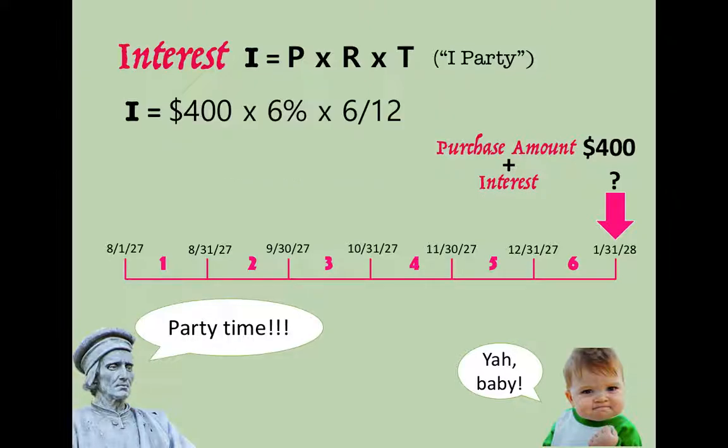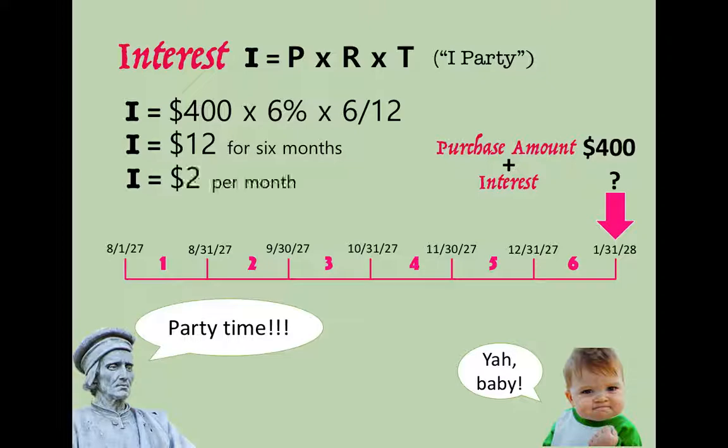So in our situation here, interest would equal the $400, the original amount, the principal, times 6%, times 6 divided by 12. 6 months out of 12 months. And we do it out of 12 months, again, because the interest rate, 6%, is an annual percentage rate. And so doing the calculation tells us here that interest for this 6-month time period is $12.